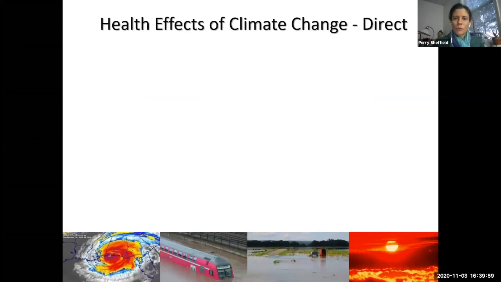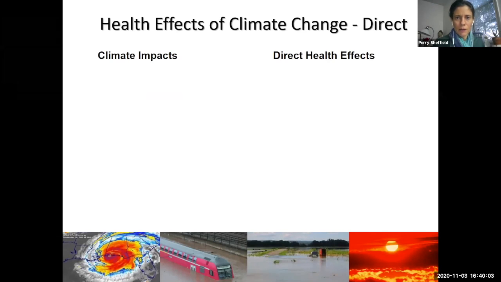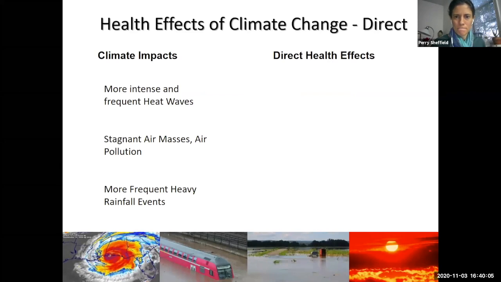Okay, so when we talk about health effects of climate change, you all named a bunch of them. Let's see which ones came up already and which ones maybe didn't. When we say climate impacts, we're actually talking usually about weather. So it's a little bit of a misnomer. The climate changes weather, and the weather typically is what has the direct health effects.